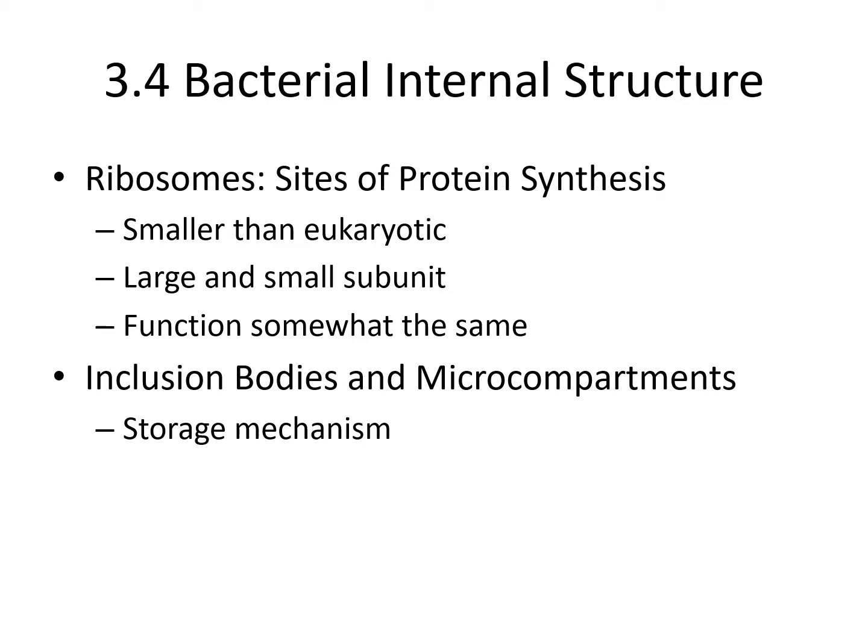If a bacteria overproduces a certain enzyme, a certain toxin, a certain whatever, it can clump all these together in a certain region of the cell, and it'll form a crystal-like structure. That's an inclusion body.